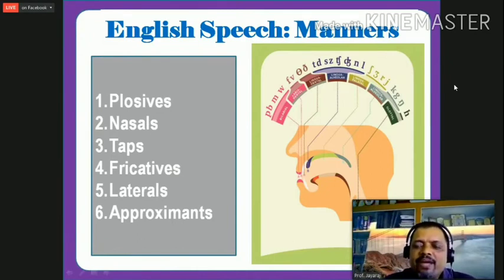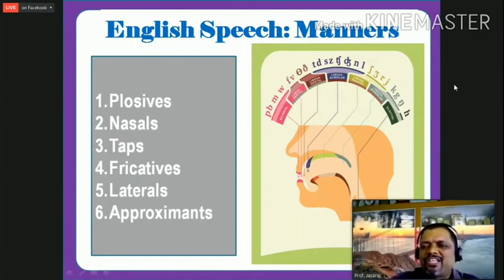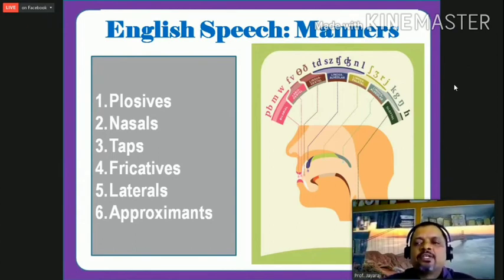Whenever we migrate to English speaking, we carry these Telugu manners of articulation to the English language, and that affects the languageness of English, and that in turn causes unintelligibility.